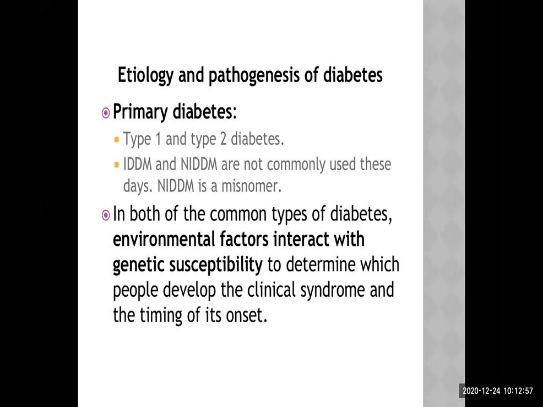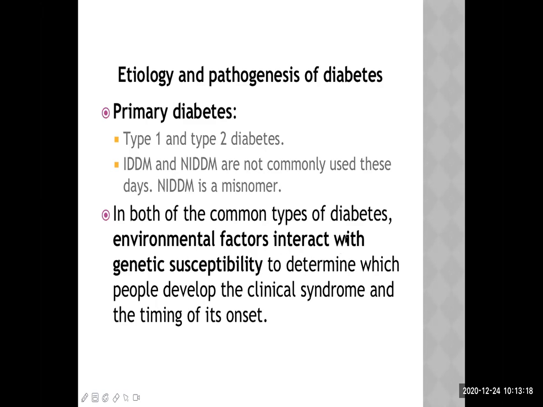When the person is having severe symptoms, insulin is necessary for the treatment. So how can we say this is non-insulin dependent diabetes mellitus? That's why it is not a good term to use here. The better terms are type 1 and type 2 diabetes.